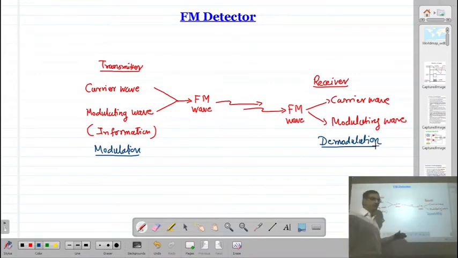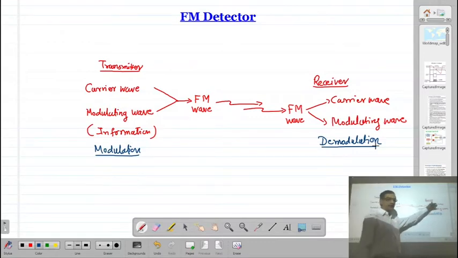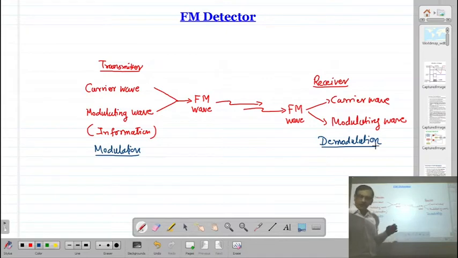So what is the demodulation process? It is to separate the carrier wave and the modulating wave or information. Then the carrier wave is bypassed, and the modulating wave is given to an amplifier circuit, and then to a loudspeaker, so you can receive the information.